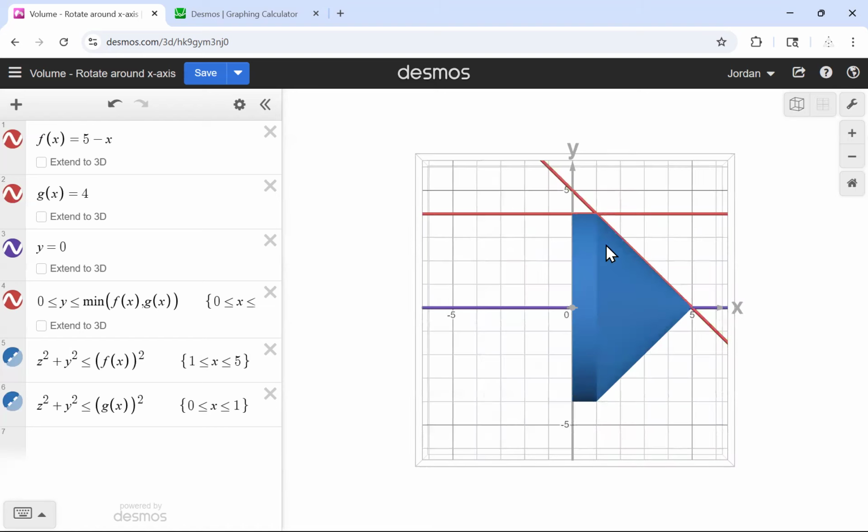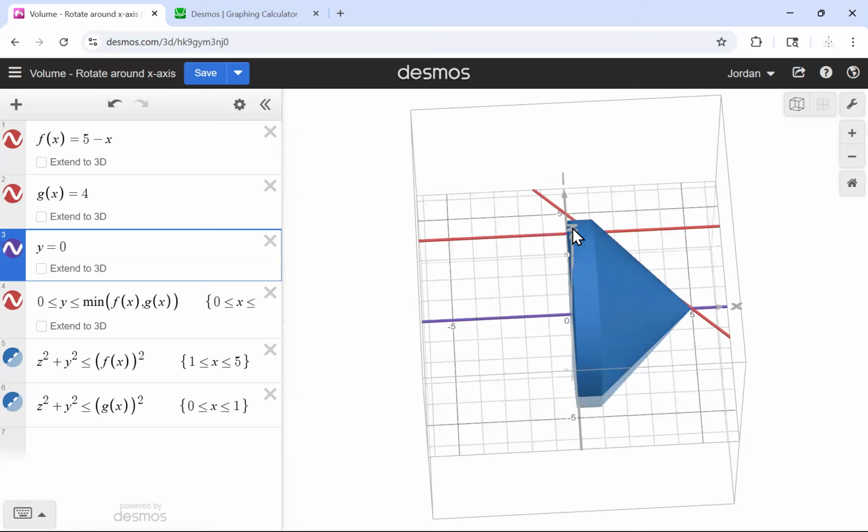And we also could have spun this region around the y-axis as well. We would have just had to do our integration with respect to y. And in fact, in that case, we don't need to have two pieces because all of my radii would be defined in the same way.